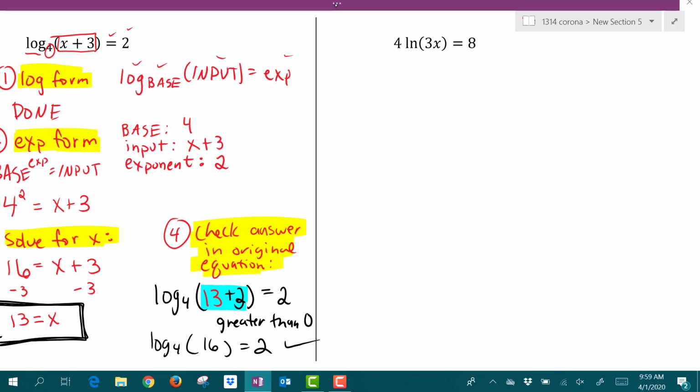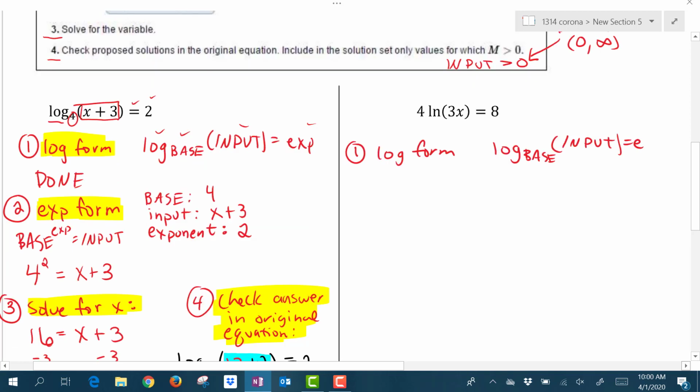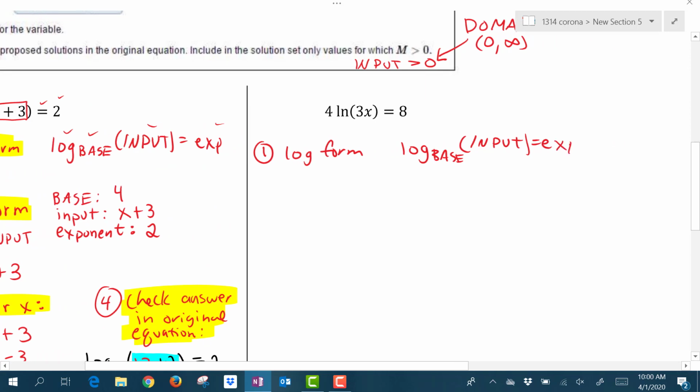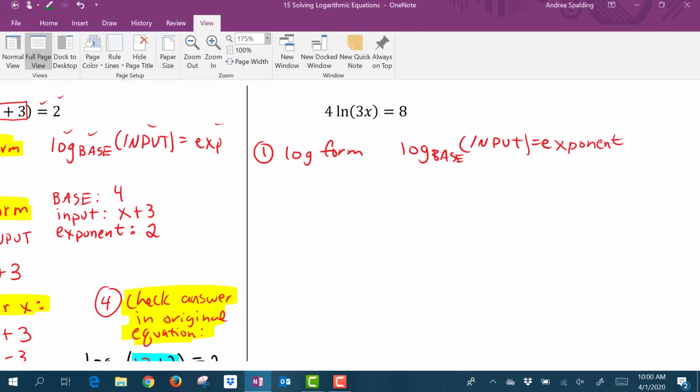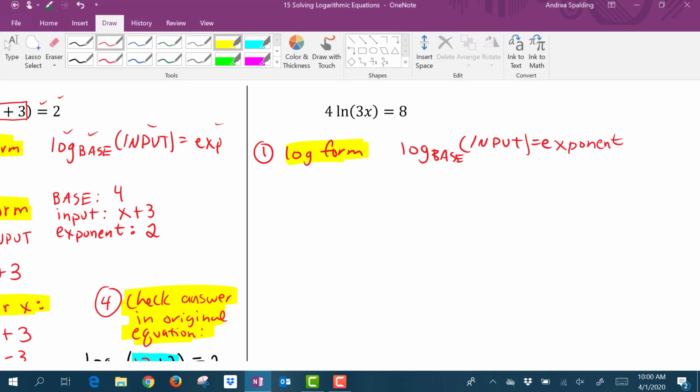Alright, next equation. First thing I want to do is get this equation into log form. So I want to be able to look at it and say I have a log, I have a base, I have the input of that log on one side, and I have an exponent.